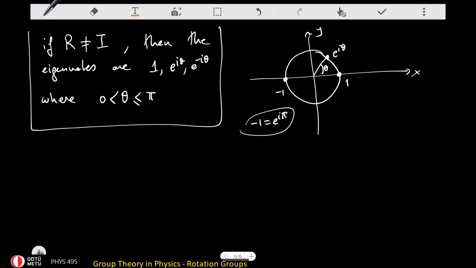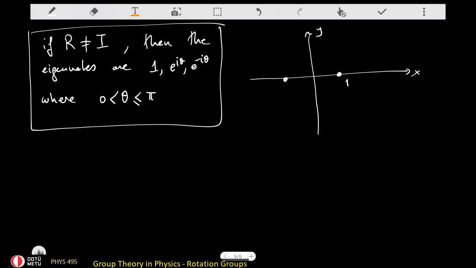So as a result, we have this kind of situation. Let me erase and redraw this picture again. Forget about this minus 1 in here. 1 is important. So the eigenvalues are, this angle is theta. This angle is also theta. So the eigenvalues are e to the i theta, 1, and e to the minus i theta.